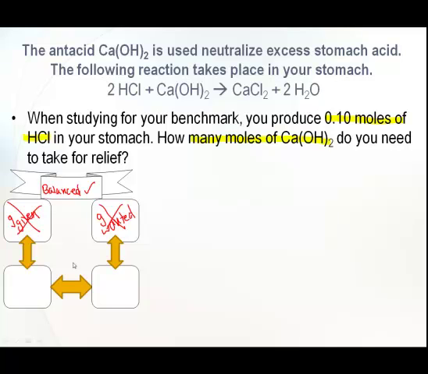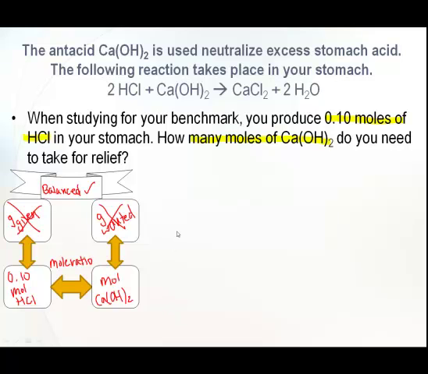What I am given, however, is 0.10 mole of HCl. What I'm looking for is how many moles of calcium hydroxide I need to take. So this is going to be one step. I'm going to go from mole of HCl to moles of calcium hydroxide, and I do that using the mole ratio.